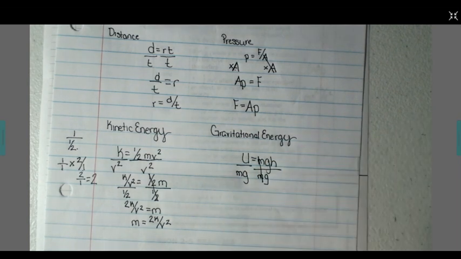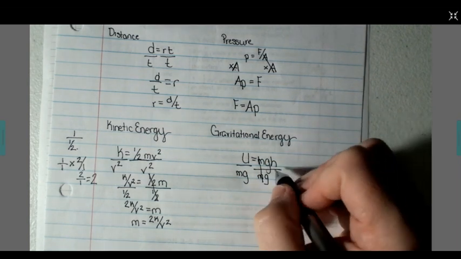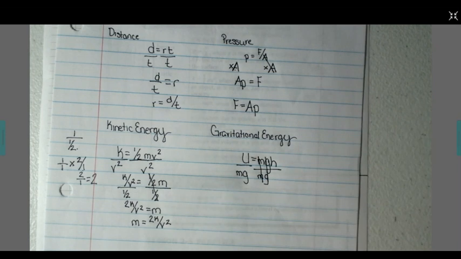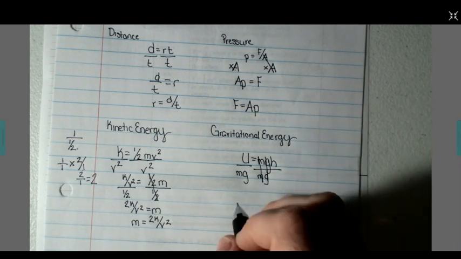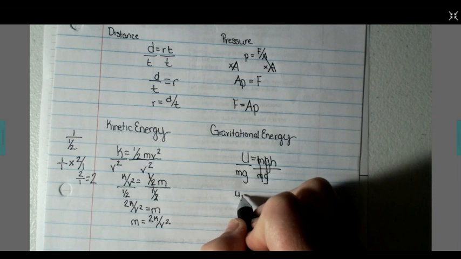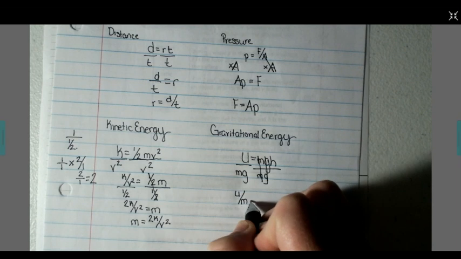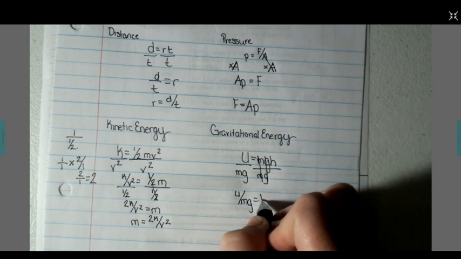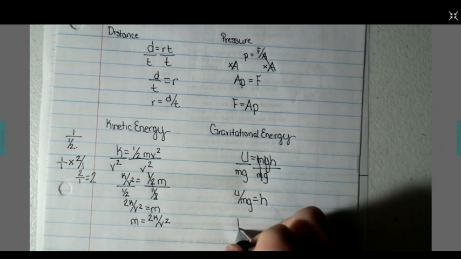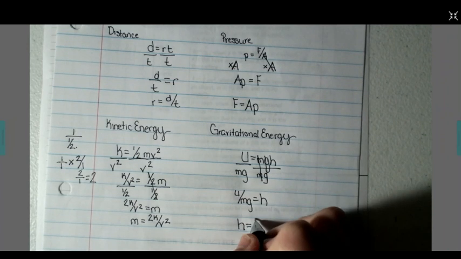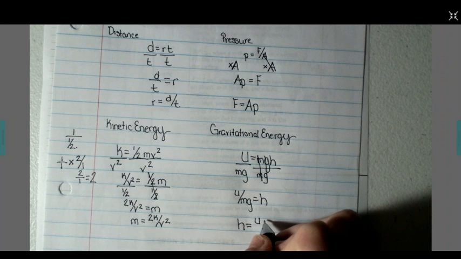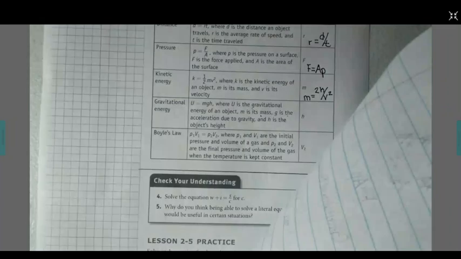So my m's cancel out. My g's simplify to 1. So I have U over mg equals h. Or height equals the gravitational, what was that?